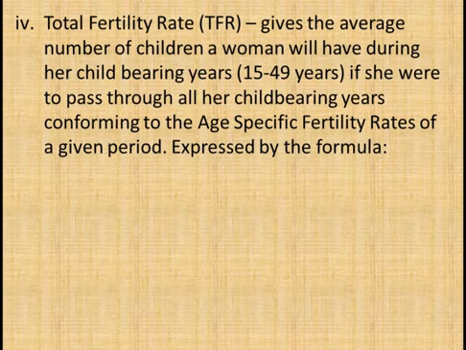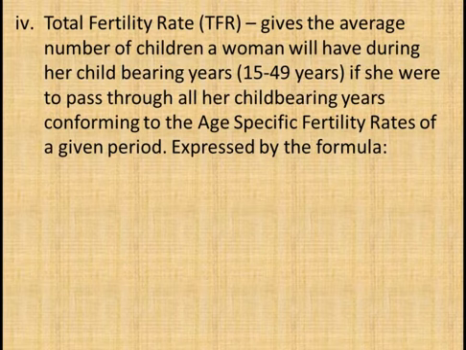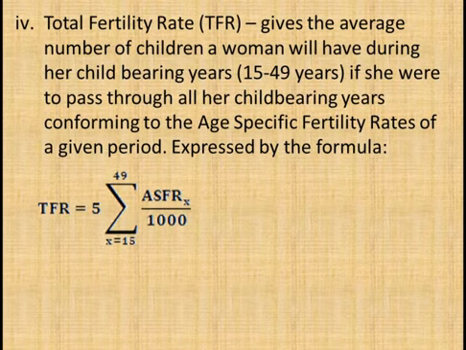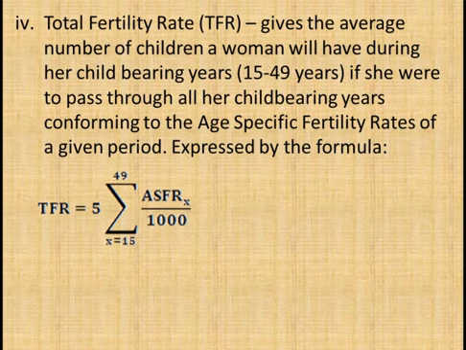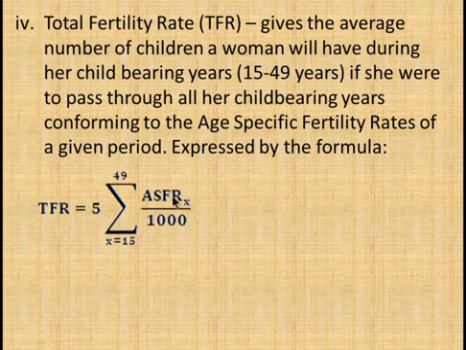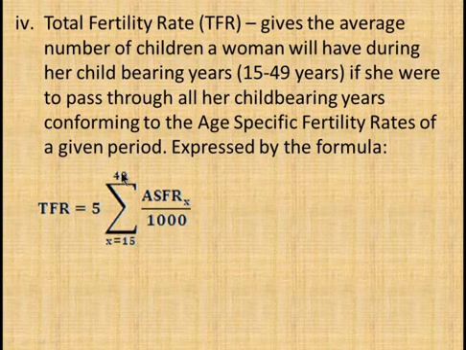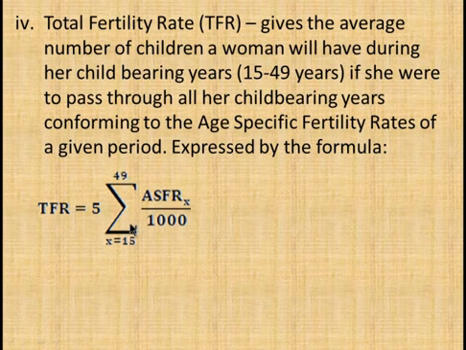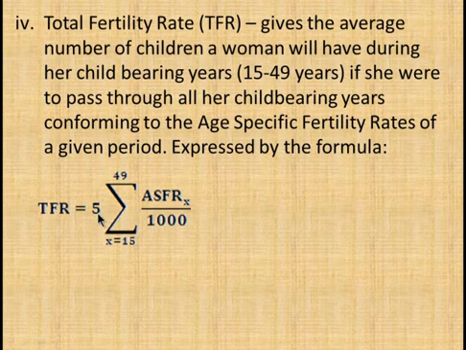The total fertility rate is given by this formula. This formula simply states that you will add all the age-specific fertility rates starting from the age 15 to the age 49. The sum of these age fertility rates will be multiplied by 5.